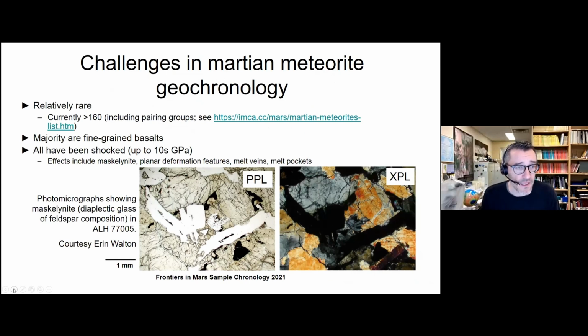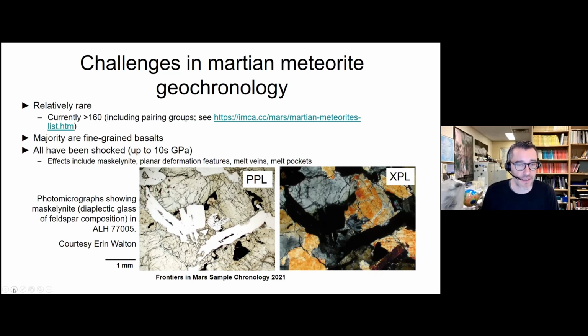The majority are relatively fine-grained basaltic rocks, with some exceptions, but that makes it challenging for mineral separation. Tim's work, as you'll see, is the majority of the work that has been done. It's not the type of thing that is readily set up and done, requiring low blanks and that sort of thing.